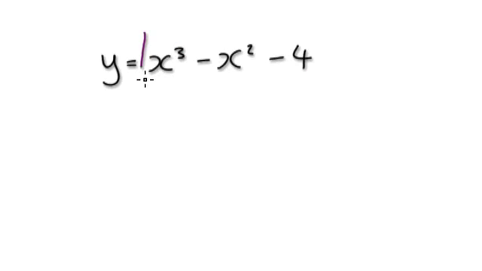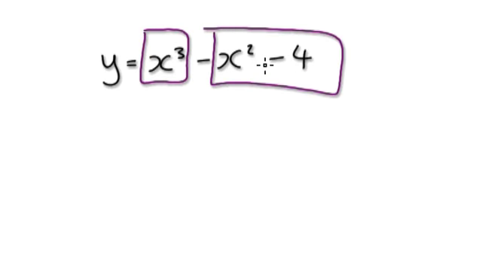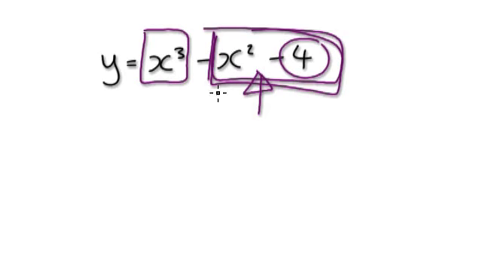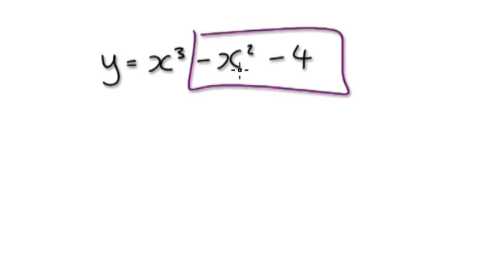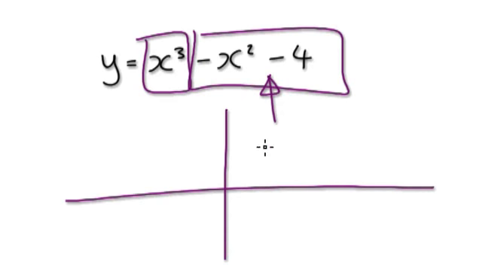But try to visualize this as this, because you're pretty good at drawing x squared and then minus a number. So merge these two together. So in effect, this is like this. Okay, this is your one part, and this is another part here. So your graph will look something like this.